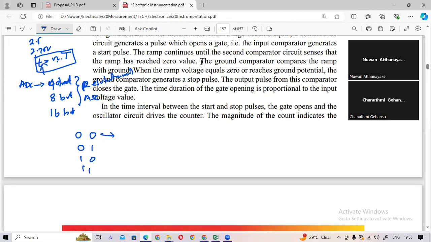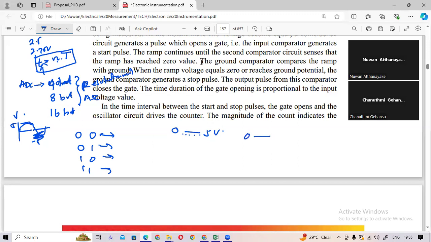Only 4 voltage levels you can represent. So let's say that your signal is a 5 volt signal. Then you have to represent 0 to 5 volts using only these four levels, so you can't show all the voltage values.